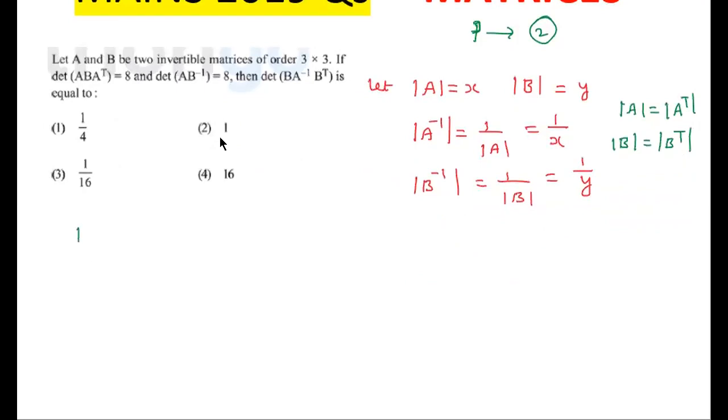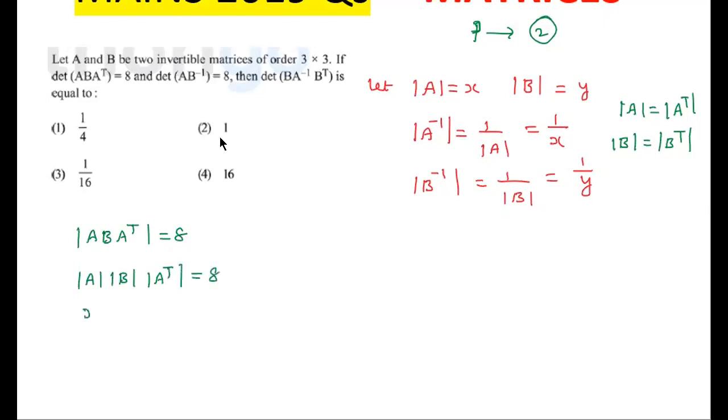But in the question, determinant of ABA transpose is equal to 8 given. Apply the determinant formula here.